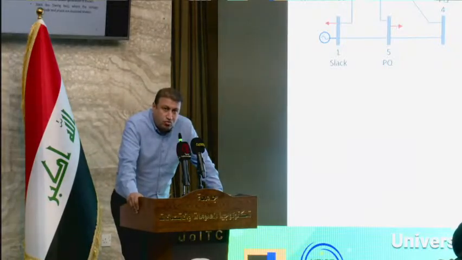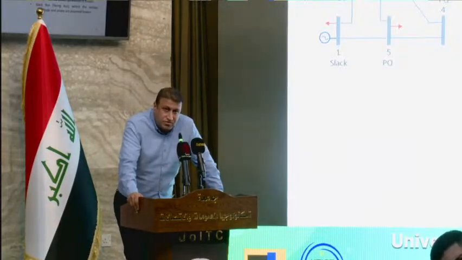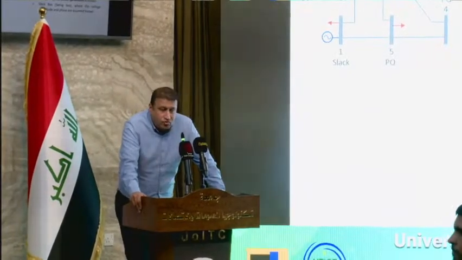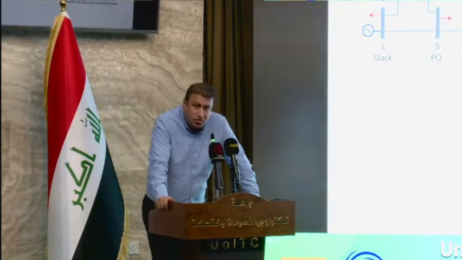We have 2n equations, where n is the number of buses of the power system, with 2n unknown values, which should be solved. It is a very classic problem in the power system, which started with the first paper published in 1956, which solved the power system with the coming of the early computers.